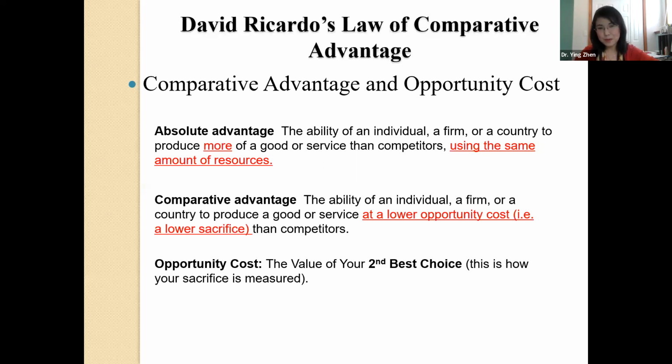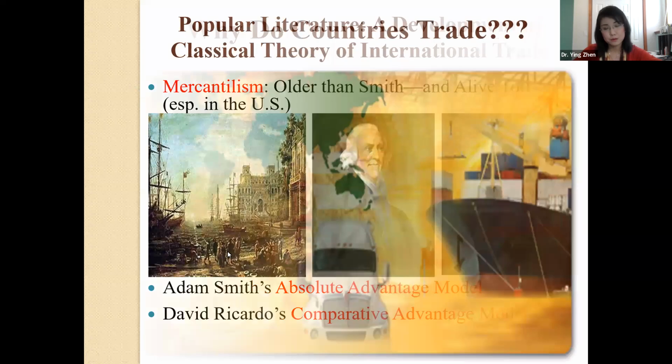We care about opportunity cost, but why is this the real basis of trade, and why do we have to accept it, especially as an undergraduate in their first or second year of college, why they have to accept comparative advantage as the real basis of trade.